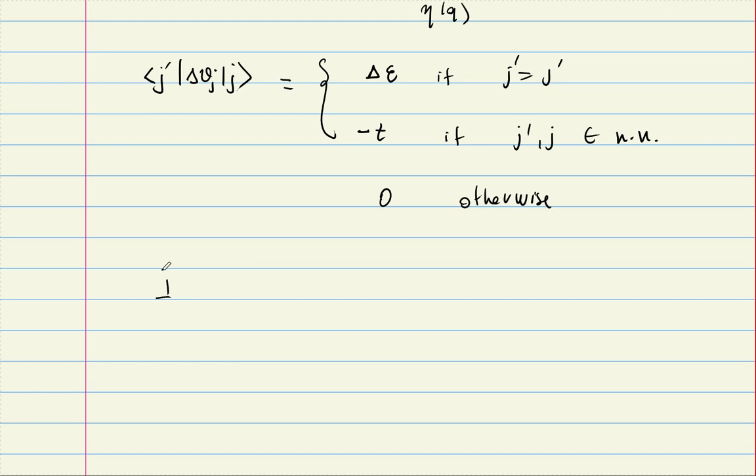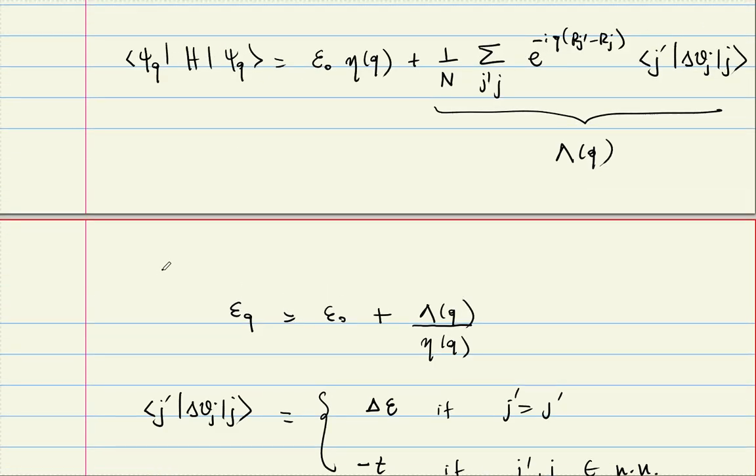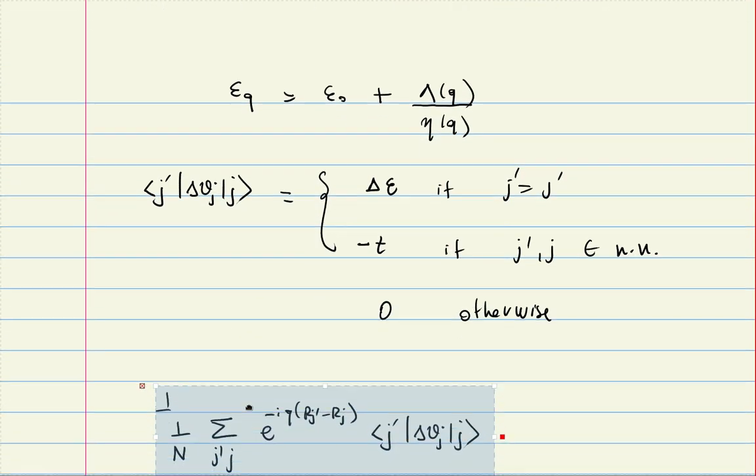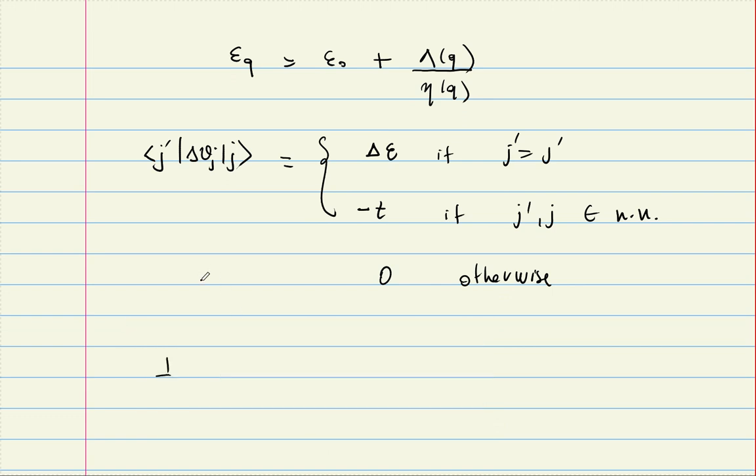If you do that, let me not write this entire thing, let me copy it here. So this object is going to be, first, J prime equal to J. This is epsilon 0, there is no exponential.